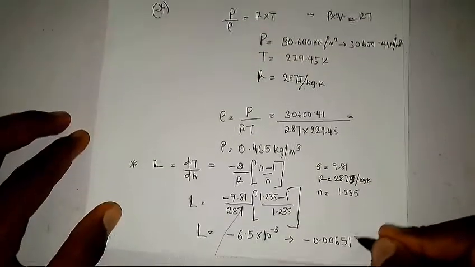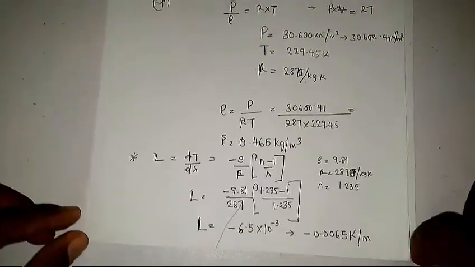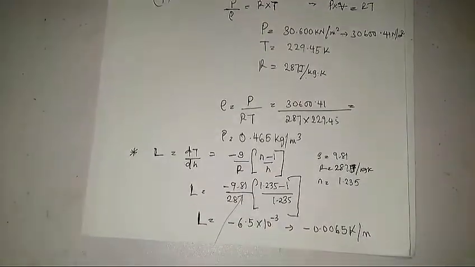So my lapse rate here will be negative since my n is greater than 1, and since it's greater than 1, then my temperature decreases with increase in height.